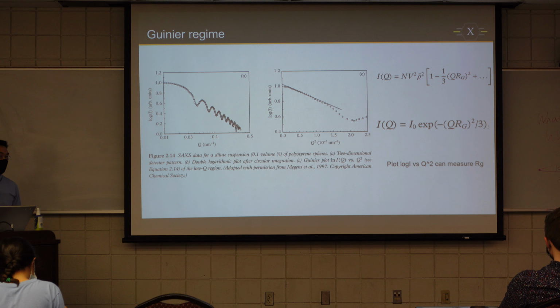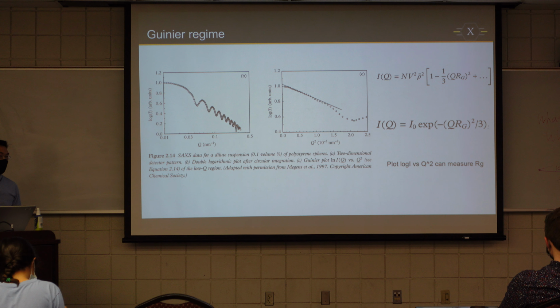What happens to this part? Magic hand. So what happens to this part? In a high Q, now I can look at a portion of me, or a portion of the structure.